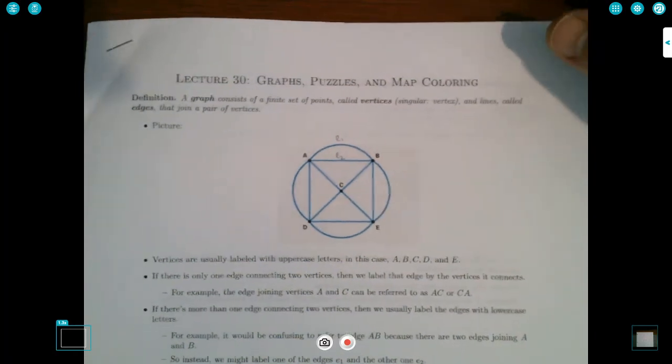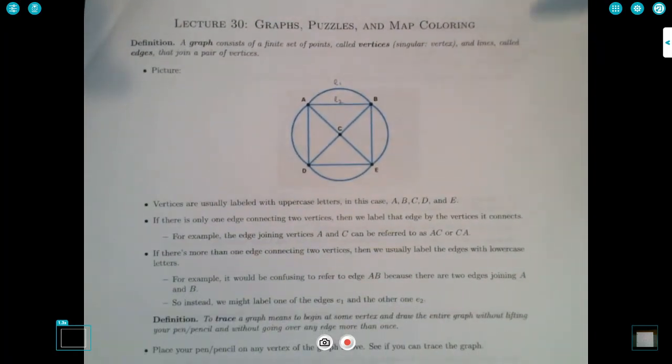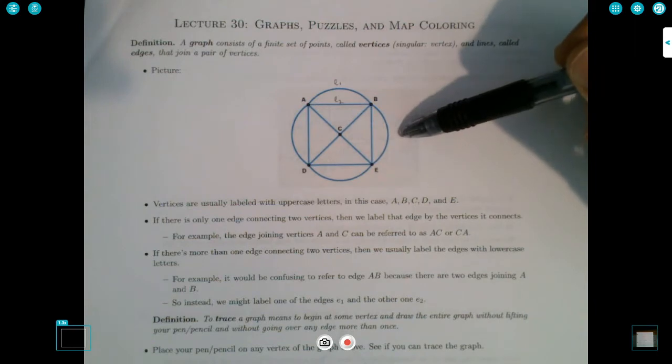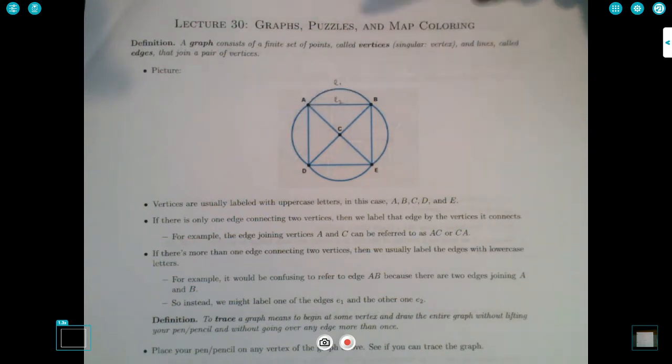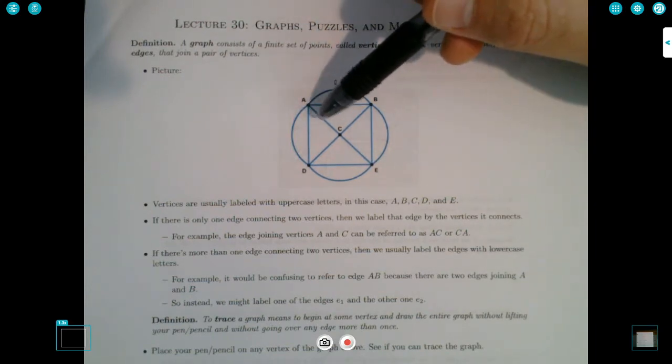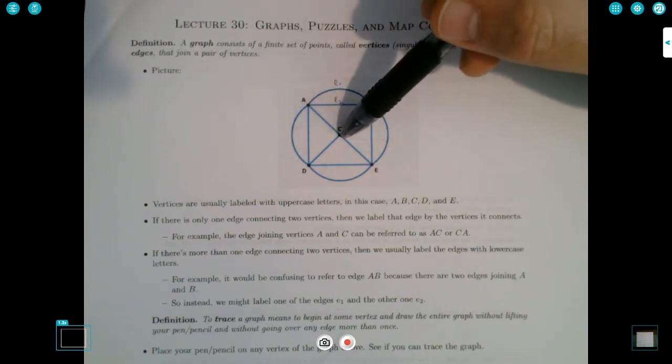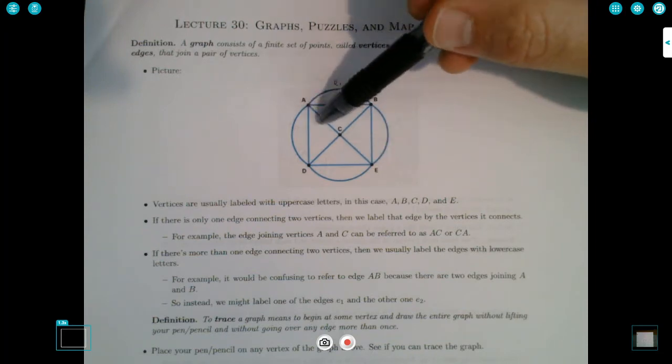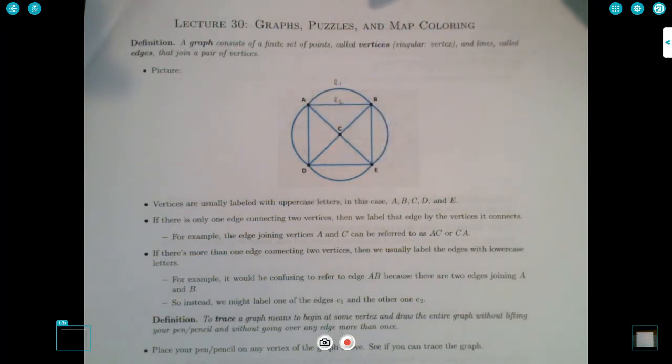And by the way, if I haven't made it totally clear yet, this doesn't work the same way as normal geometry. So you might be thinking the segment that joins A to C, this edge, is the same as the edge that joins C to E. It's just one straight line. But that's not true for graph theory.